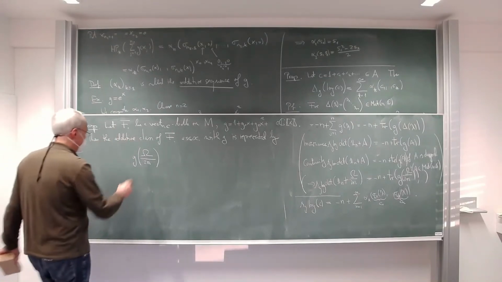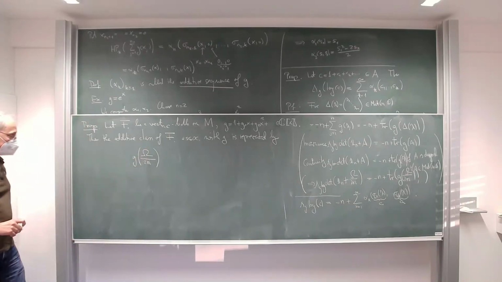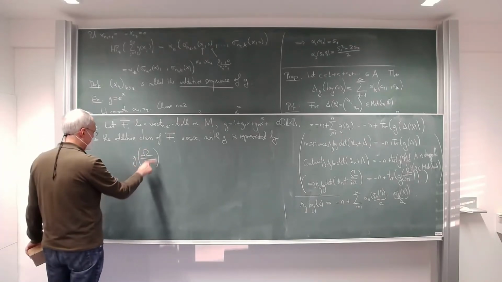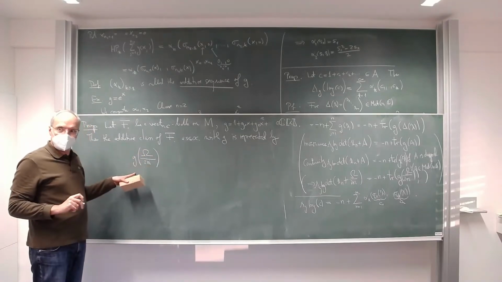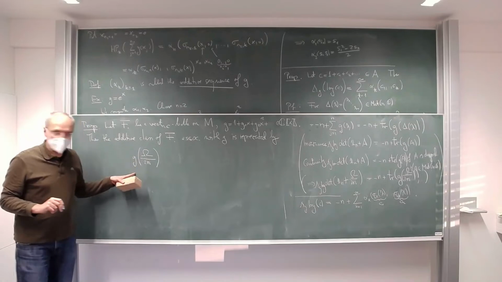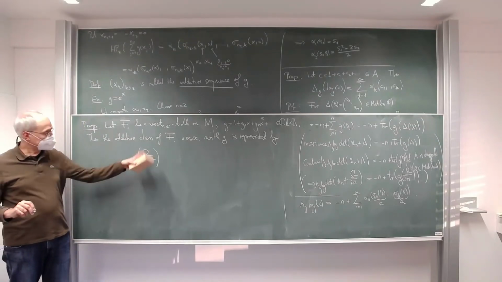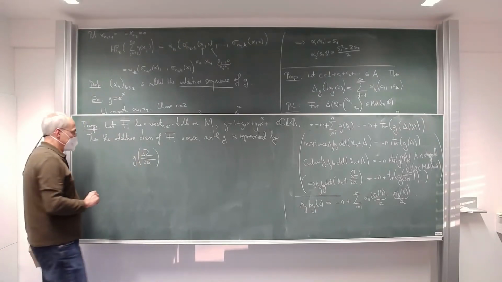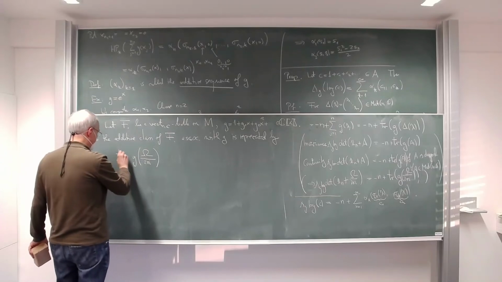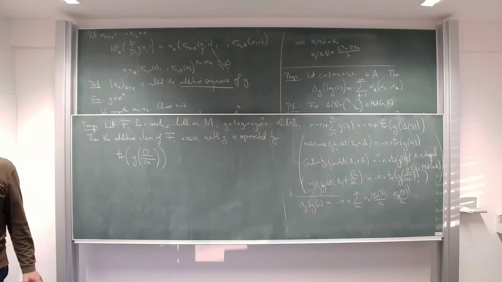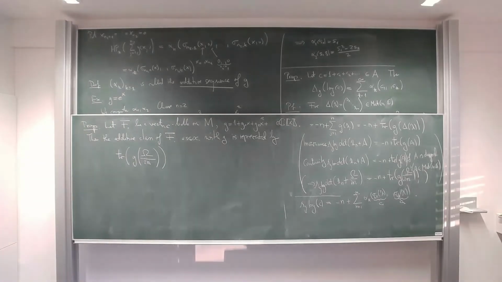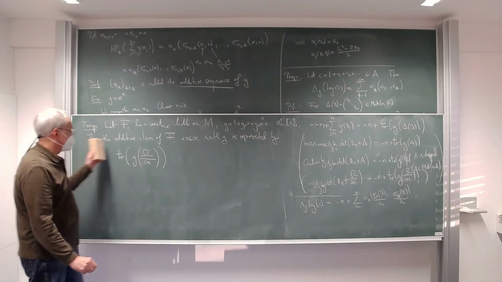So the whole thing is a matrix whose entries are mixed differential forms, differential forms of various degrees. And now you take the trace of that, and you get not a matrix of differential forms, but a differential form. And this represents the additive class.